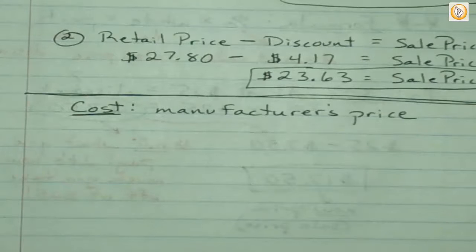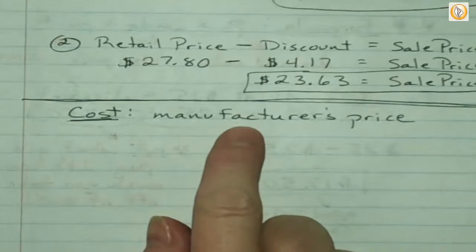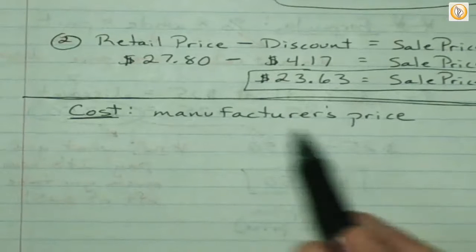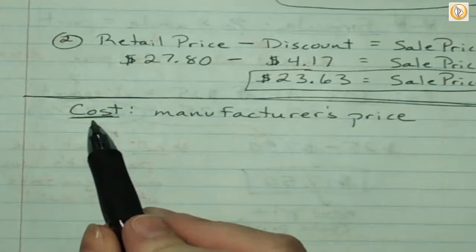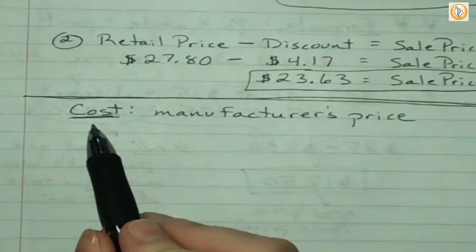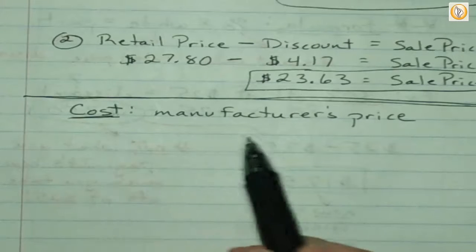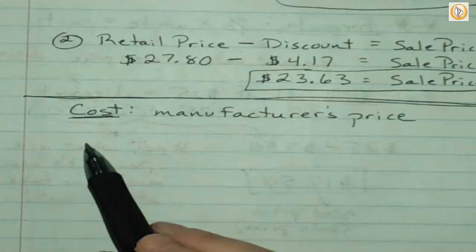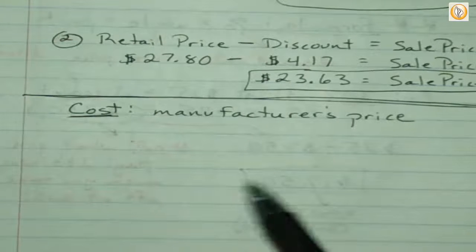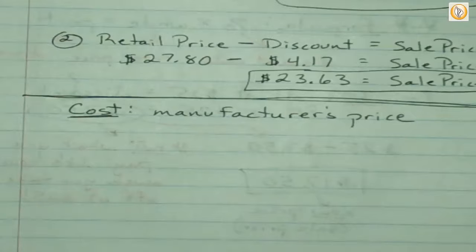The Nike manufacturer made the shoes. So Academy has to pay to get those shoes in their store. That's at cost. Then Academy jacks up the price, marks it up to their price. They have to make a profit or they don't exist.